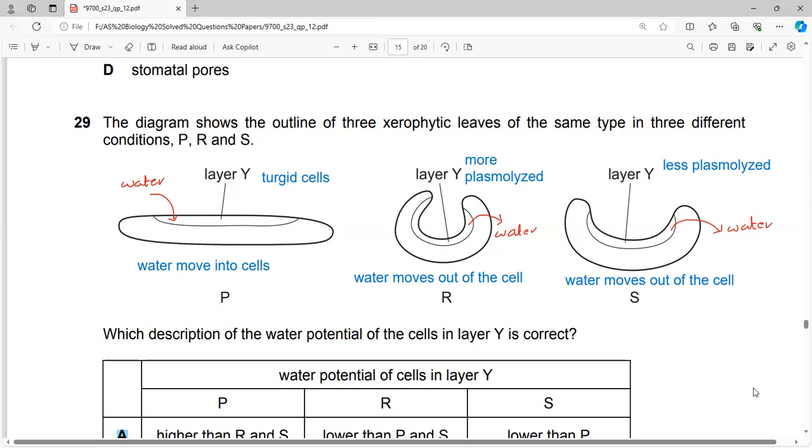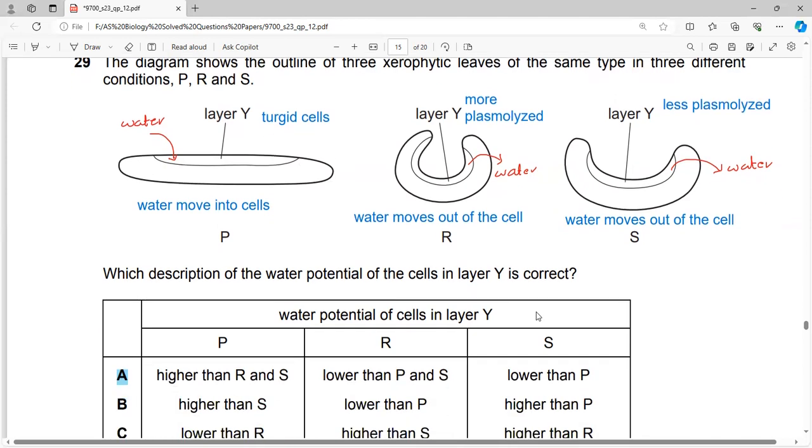So we can compare, for example, the water potential of these results. Which description of the water potential of the cell in layer Y is correct?